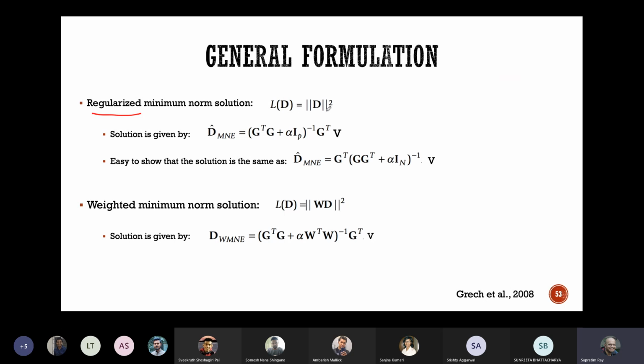So the estimate now will become this. I'm not telling you how I got the solution. You'll have to refer to this to get to the solution. Notice that when alpha is set to 0, I get back to where I was before: G transpose inverse G transpose V.